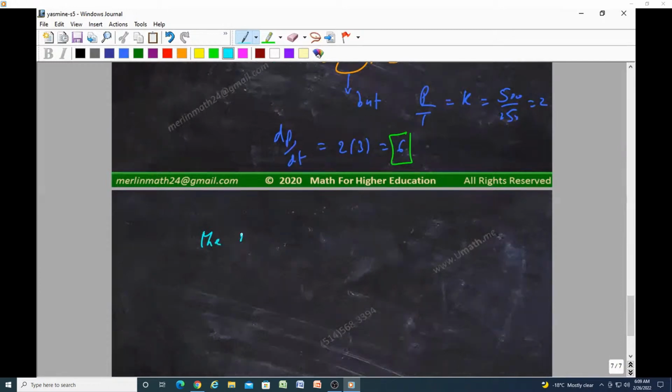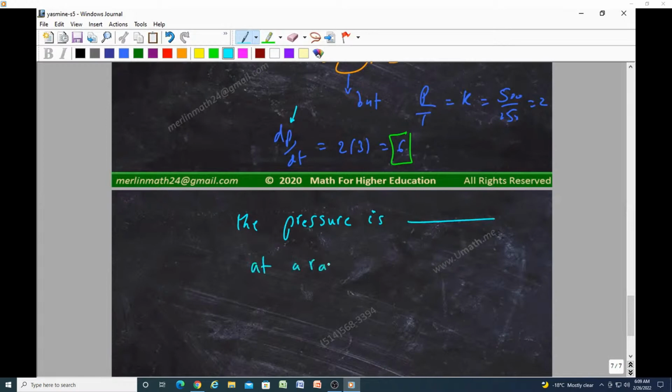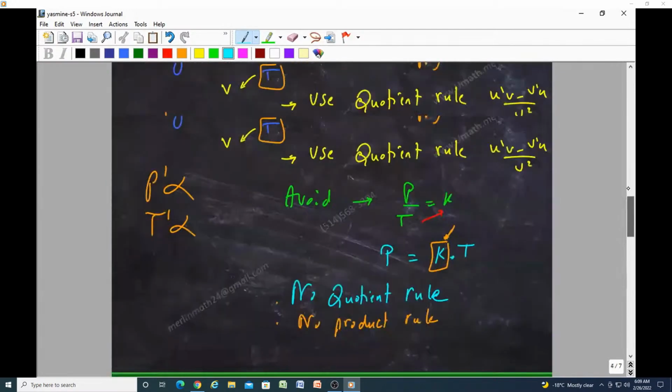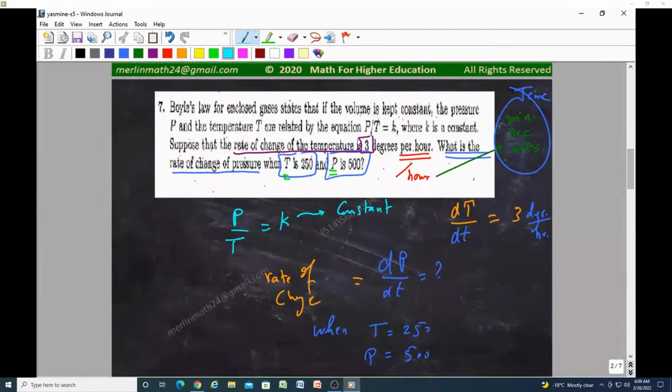Now you can put it the way you like, but I prefer we say this, the pressure, because that statement we use in all our answers. The pressure is, we write something here, at a rate of, we write something here, and you put the units. What units do we have? This is pressure, right? Now, if I give you the unit of pressure, you say that.